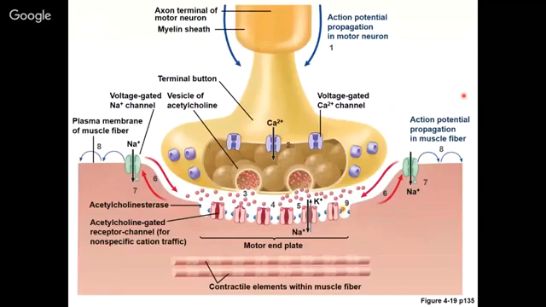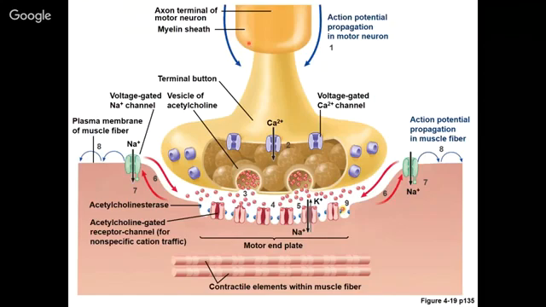Let's look at a picture of this. According to your textbook, we have an 8-step process, but I'll add in a 9th step here. Step 1, the action potential in the motor neuron is propagated to the axon terminal, okay? So this terminal button.